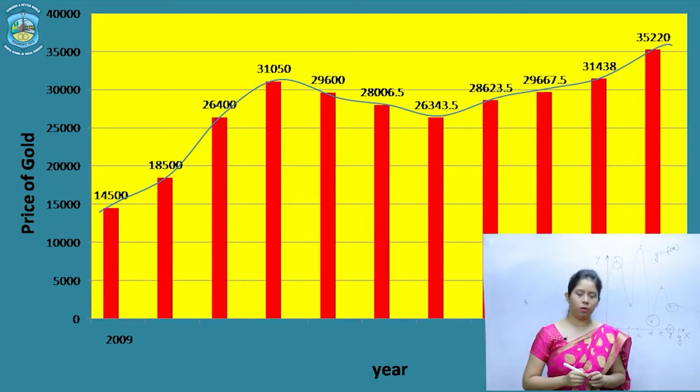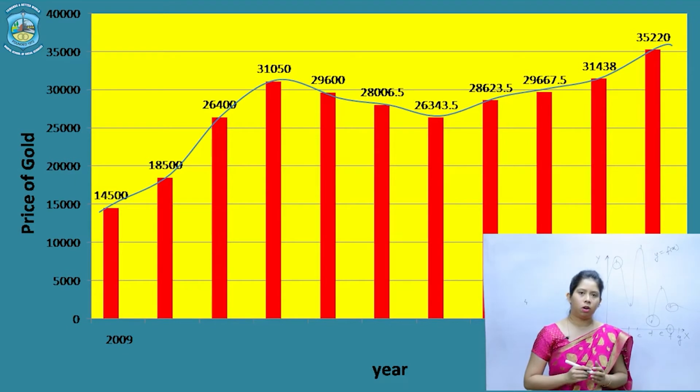So this value is the absolute maxima for the function, and the lowest value in the graph is 14,500. This value is attained in the year 2009. So this value is the absolute minima of the function.